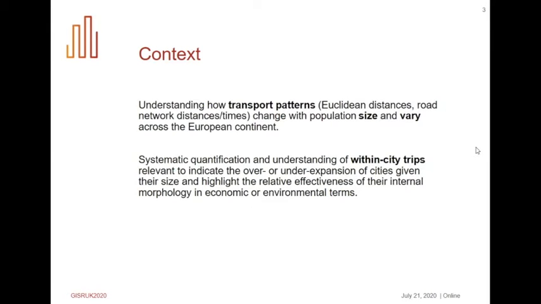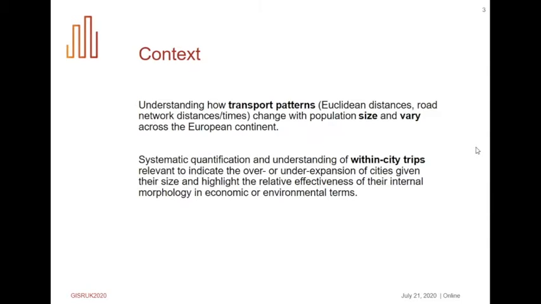More specifically, the research is aimed at understanding how Euclidean distances and road network distances and times change with population and space and vary across the European continent. So I'm doing a systematic quantification of travel times in Europe over a wide range of city sizes.